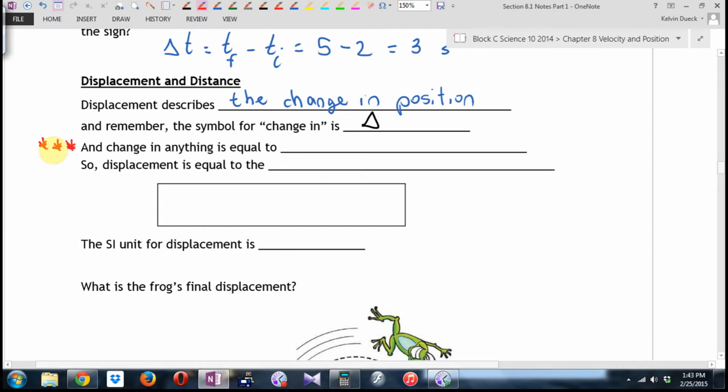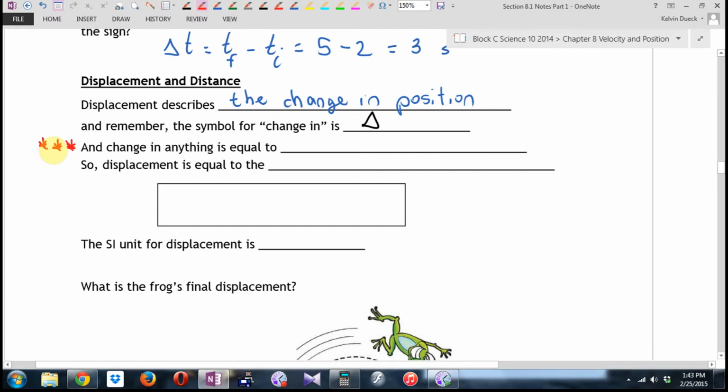In fact, I make my Physics 11s and Physics 12s chant this as a class. Change in anything is always equal to. I would say to them, what's change in anything? And I'm going to tell you what the answer is. Because that way, if they ask you for change in velocity, you'll know what to do.